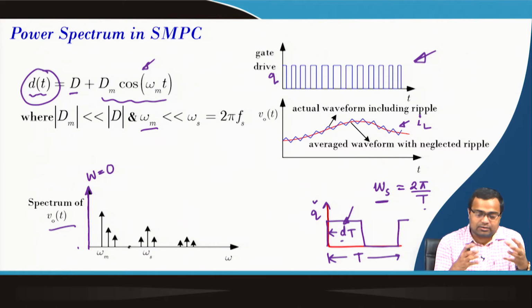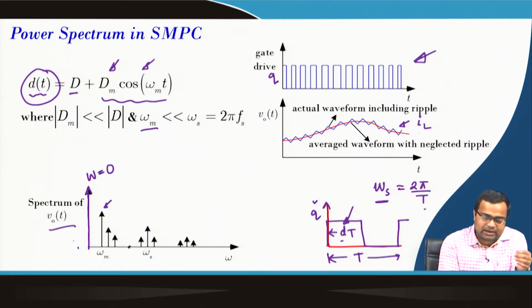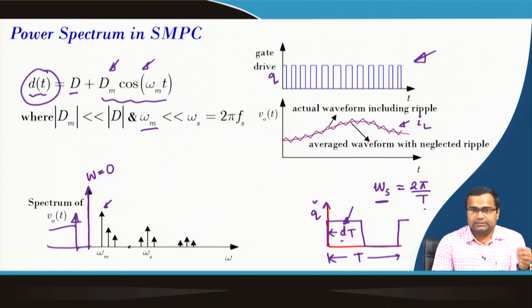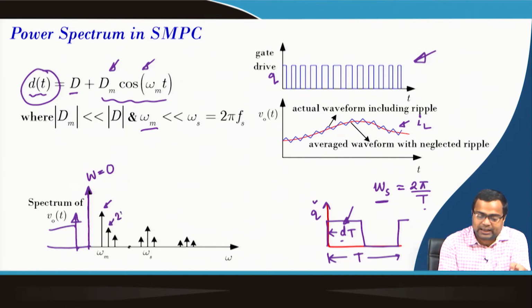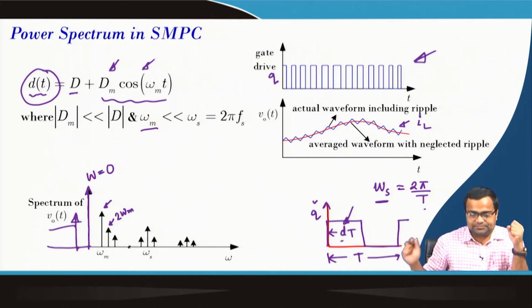Since we have also injected a sinusoidal excitation, it will also have a side lobe at omega m. Similarly, we can draw omega minus omega m on the left side, but I am not drawing it. Then twice omega m and so on.